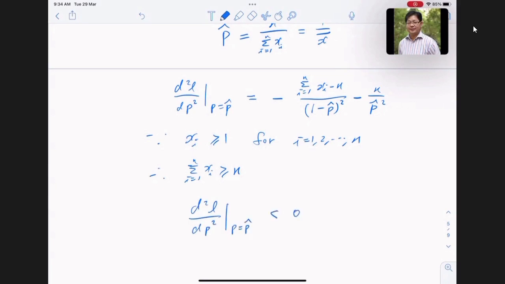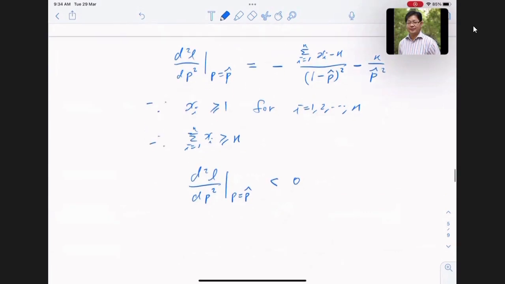Because we have a negative sign here, and all these are non-negative numbers. So this verifies that this is the point at which the likelihood function or the log likelihood function attains its maximum.